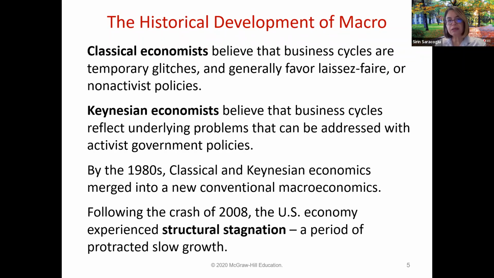According to the classical economists in that view, the business cycles that we are going to explain in a minute, or the ups and downs in the economy, are temporary occurrences, and the government should not do anything to intervene in the economy. The markets will eventually correct themselves.